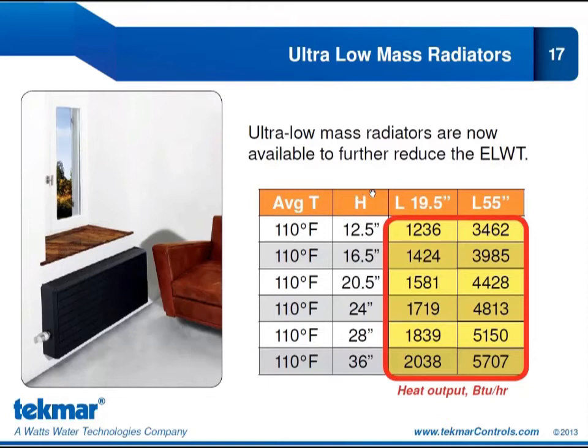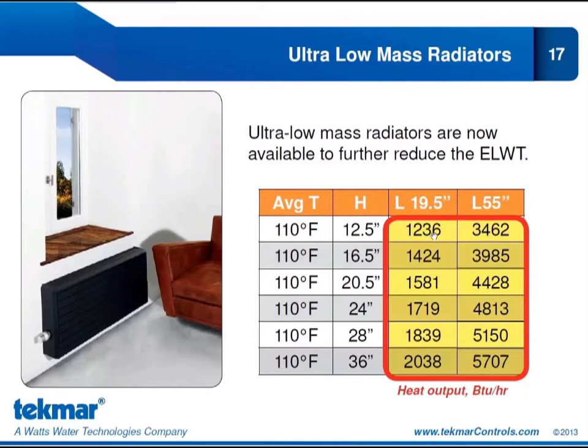We have height in this column, and we're ranging from 12.5 inches high all the way up to 36 inches high. And then we have two different lengths, 19.5 inches and 55 inches. Under these two columns, we have the BTU output for that particular height at the water temperature of 110 degrees Fahrenheit.